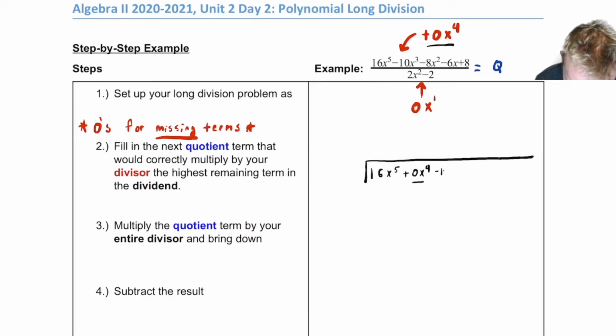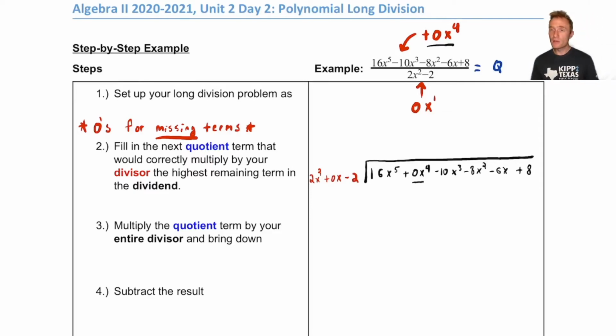Now we're back to minus 10x to the third minus 8x squared minus 6x plus 8. And then we're going to divide this by our divisor. I'll do that in red: 2x squared plus 0x, you have to fill that in to keep this nice and neat, minus 2.